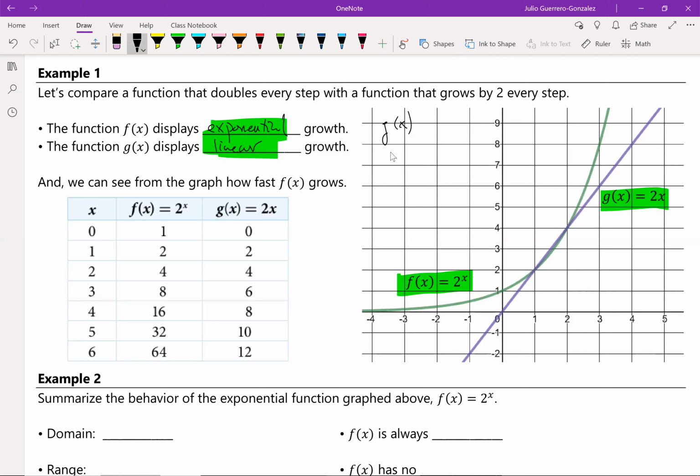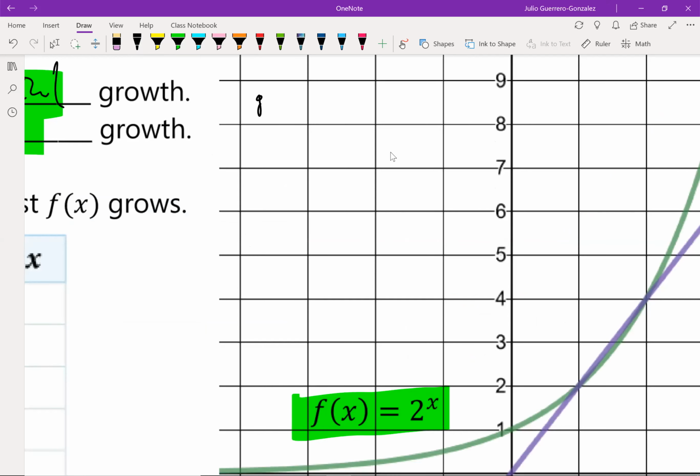So g of x has a constant rate of change. It is increasing by a fixed amount every time. Does that make sense?